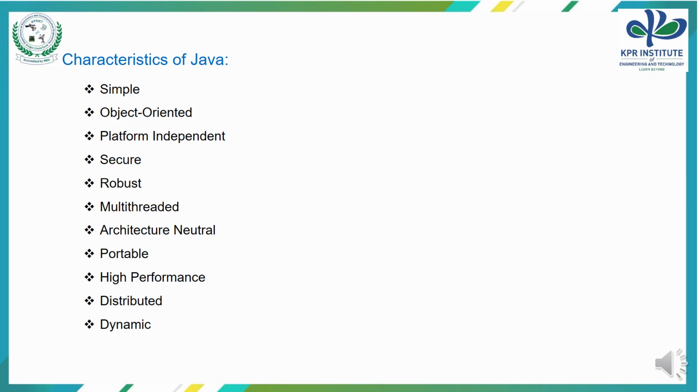It is robust, it is multi-threaded, because any number of threads may be there and can get executed in parallel, but it still executes successfully. It is architecture neutral, portable, high performance, distributed and dynamic. So this is about the characteristics of Java.